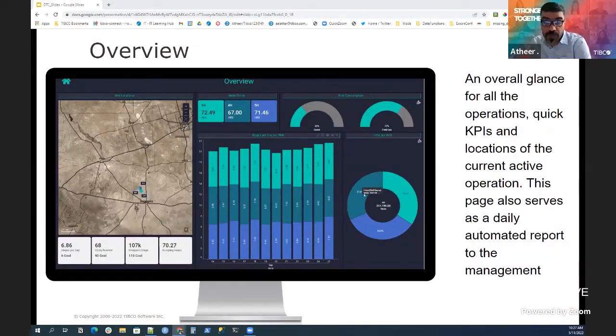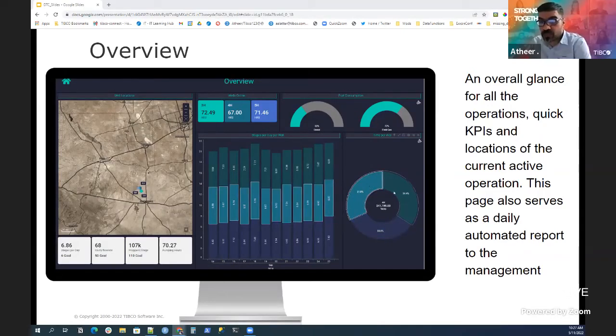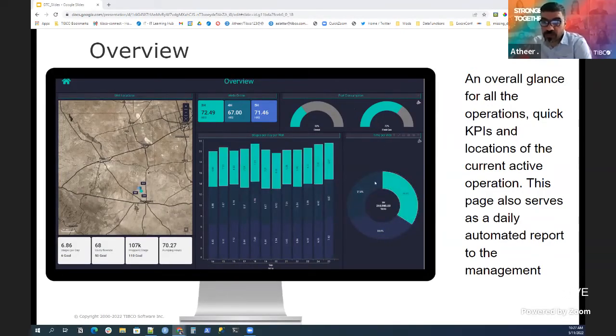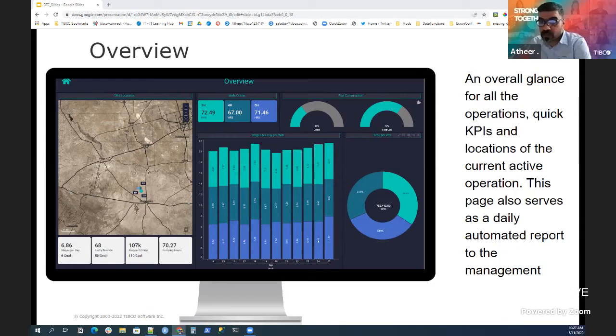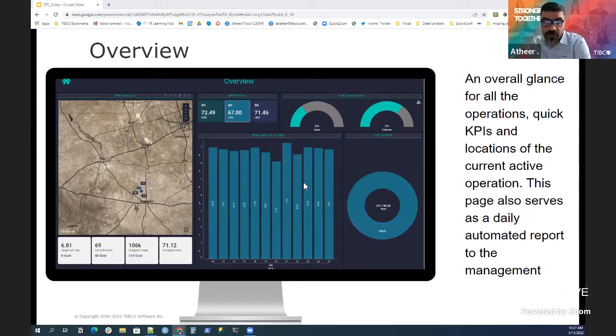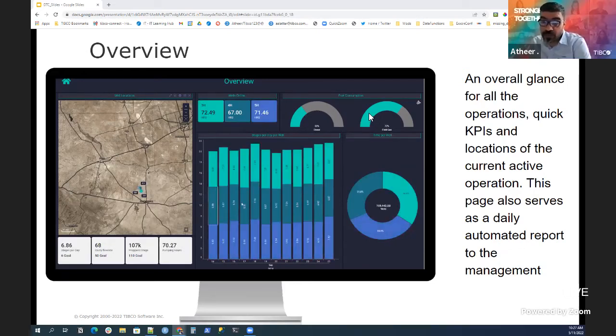The overview pane provides a quick glance at the system in general, and you can see how many wells are being completed currently, and it also provides a comparison view among all the wells and the stages. We can also have an idea about the fuel consumption breakdown here, and further calculate the carbon footprint of a specific job.